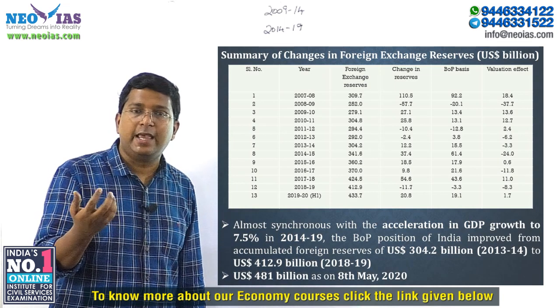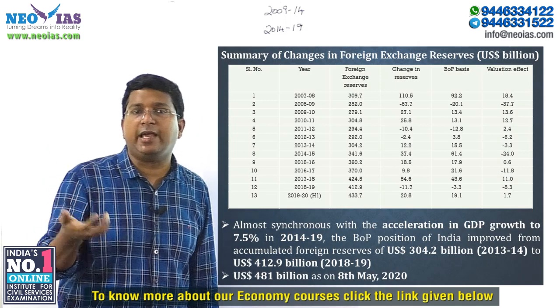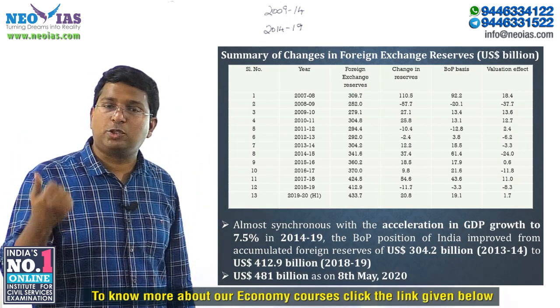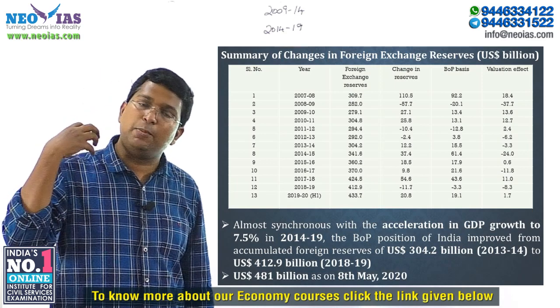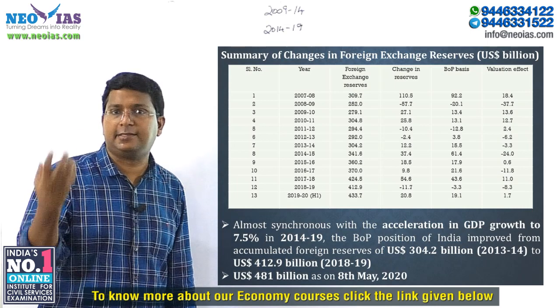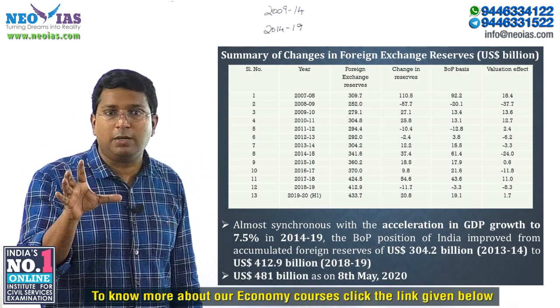And then it is SDR, special drawing rights. Okay, and then the reserve position with IMF. Okay, so these are the components, but more than 90% of forex reserve is foreign currency assets, mainly US dollar. Okay, so that is one important point to note down.